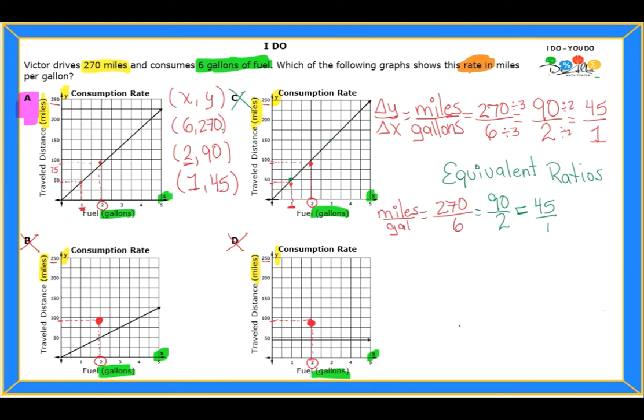I think it would be very convenient if we can find other points that you can for sure check, because I know some of us might be thinking, well, that point looks a little bit off on A. So this is what I want to do. I'm going to choose my 45 over 1, which is one of the last ratios that I found, and I'm going to find some equivalencies to those.